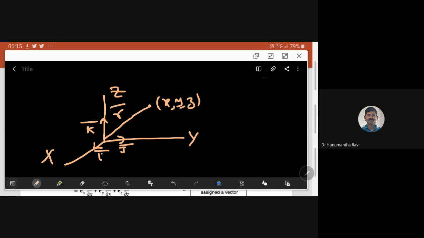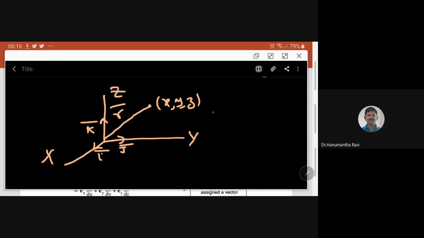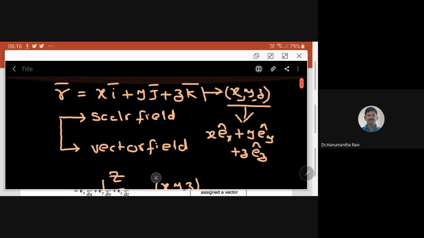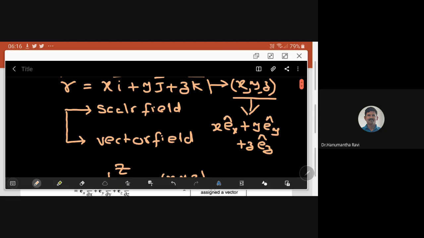When we deal with the scalar field, I may write this as phi of r bar.